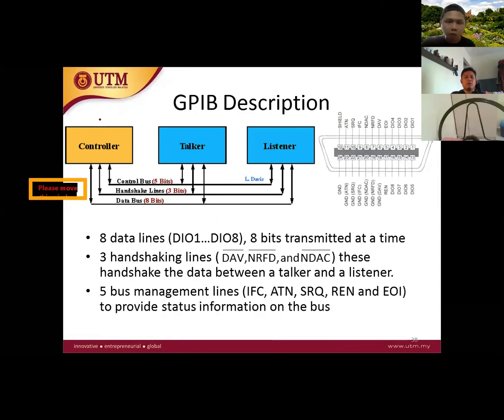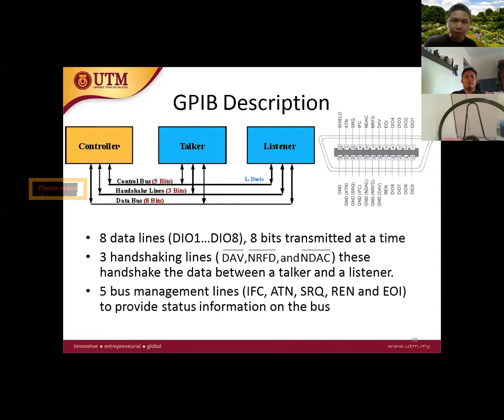There will be one controller, and the other devices will be marked as talker or listener, depending on the controller.